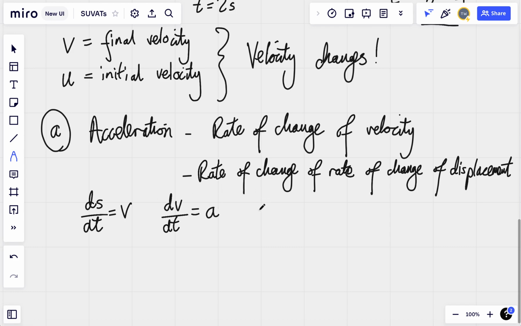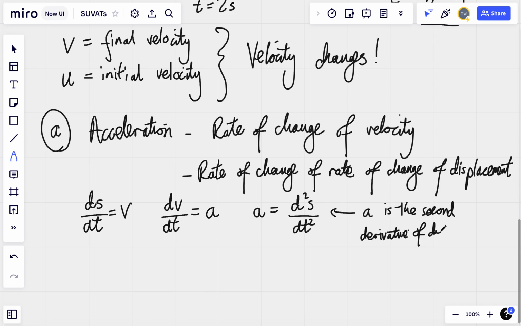So this must mean that a is also equal to, if you remember from our differentiation work, acceleration is the second derivative of displacement. Okie dokes. Now, that's one way of thinking about acceleration using calculus, okay, the rate of change or the derivative.